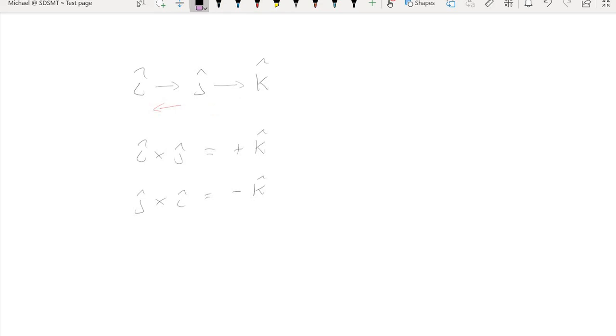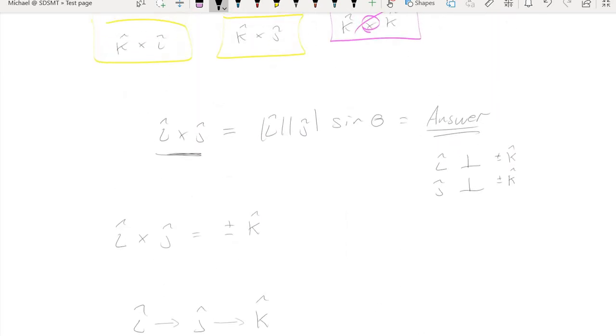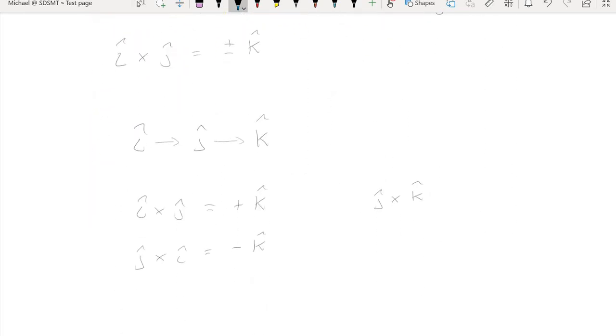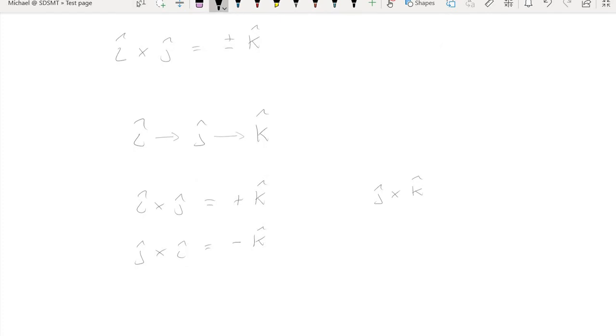Let's try another combination. Let's try J hat cross K hat. That was one of the combinations that we had up here, right here. J hat cross K hat. What's that going to result in? Well, is this an alphabetical ordering? Does J come before K?